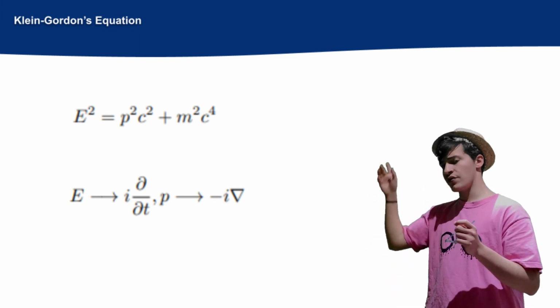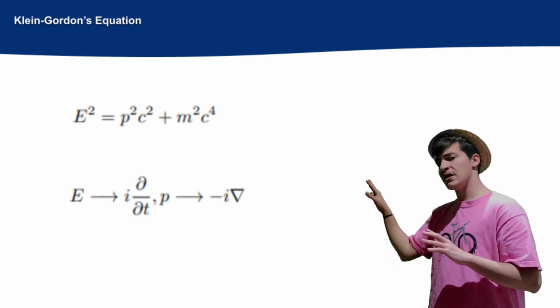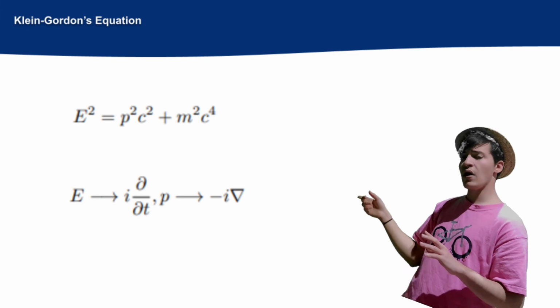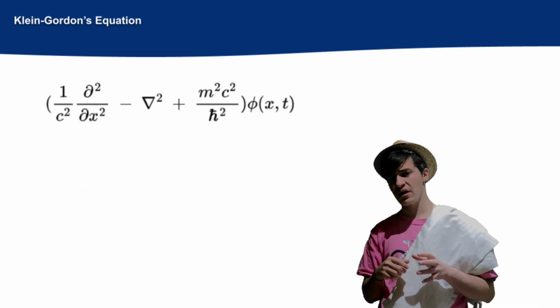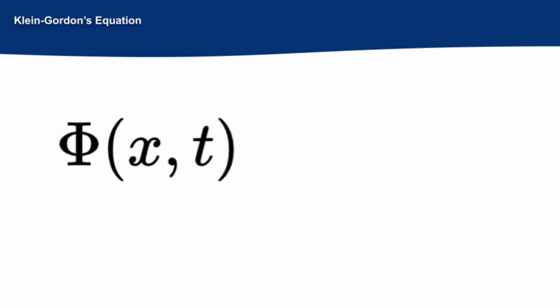Applying the second equation into the first one and applying it to a field phi, we now have this expression. Here we have used phi as a field and not as a wave equation in order to avoid the previously said internal problems that come with the interpretation of probability.